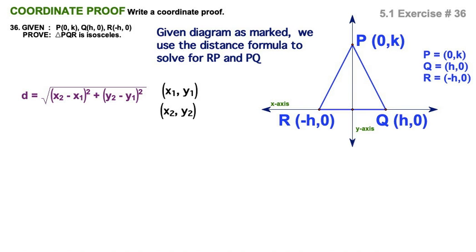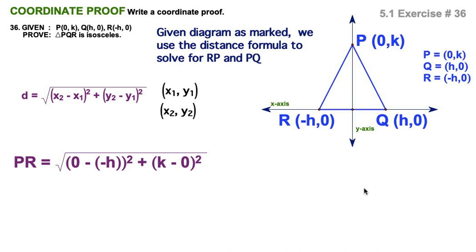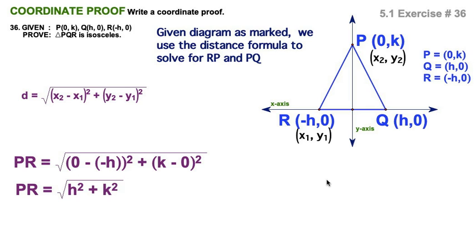Those of you who like your English class and like to write words, you could say, since this is the distance formula, then PR is equal to the square root of 0 minus negative h, that quantity squared, plus k minus 0, that quantity squared. Pretty straightforward. 0 minus negative h is h, so I've got h squared. k minus 0 is k. h squared plus k squared. Sweet.